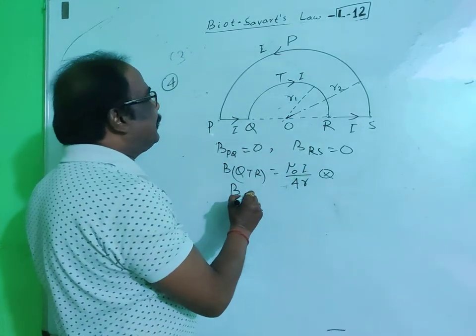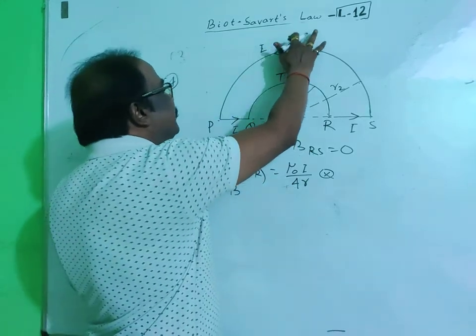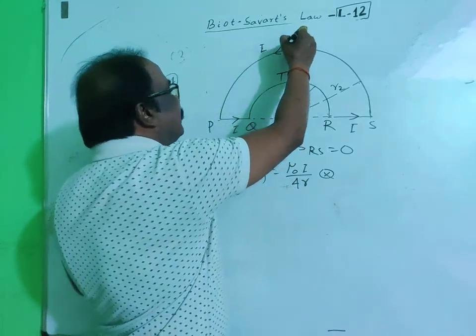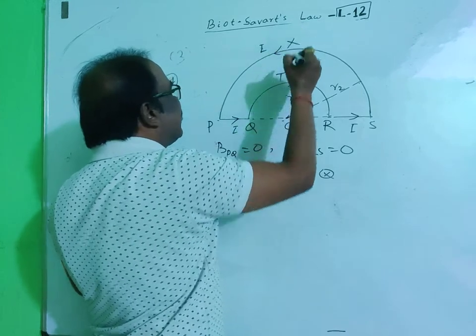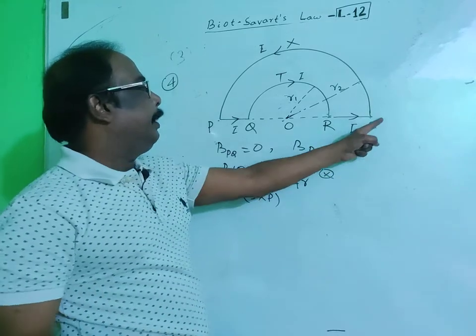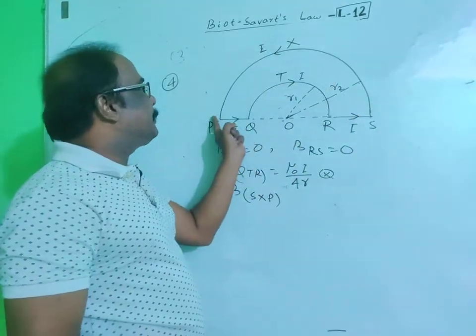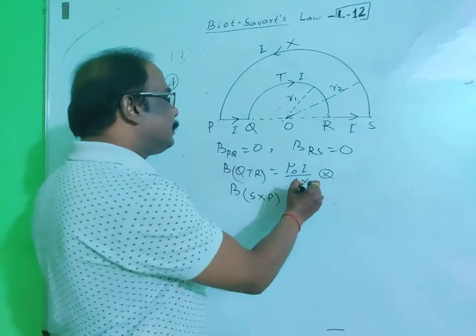Similarly, magnetic field due to this other part, we take some other name. Suppose this is X, SXP. This is the larger semicircle, radius R2, and this is R1.